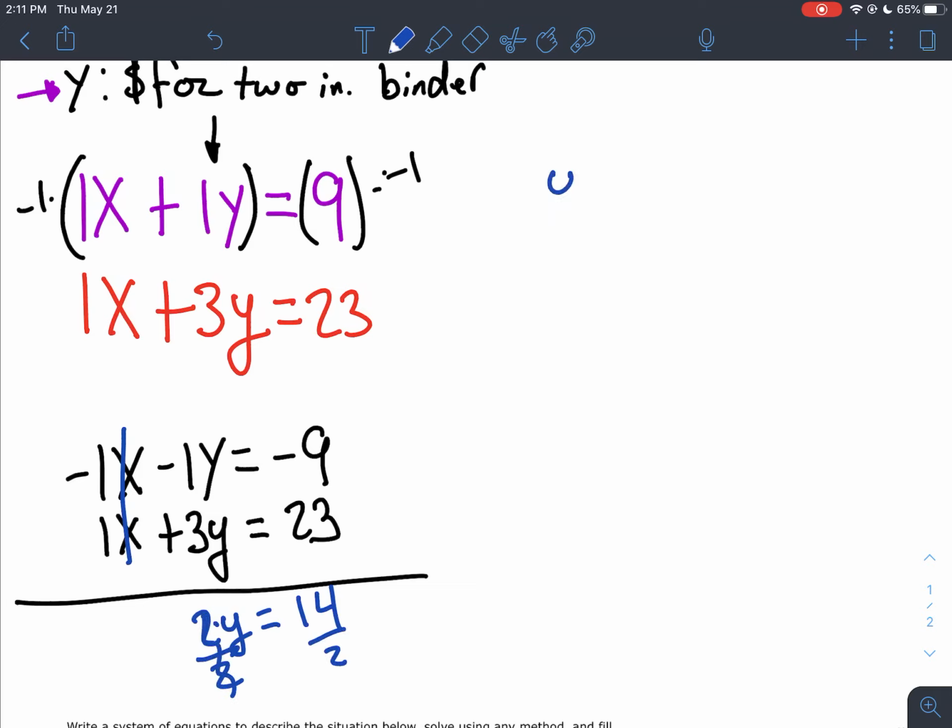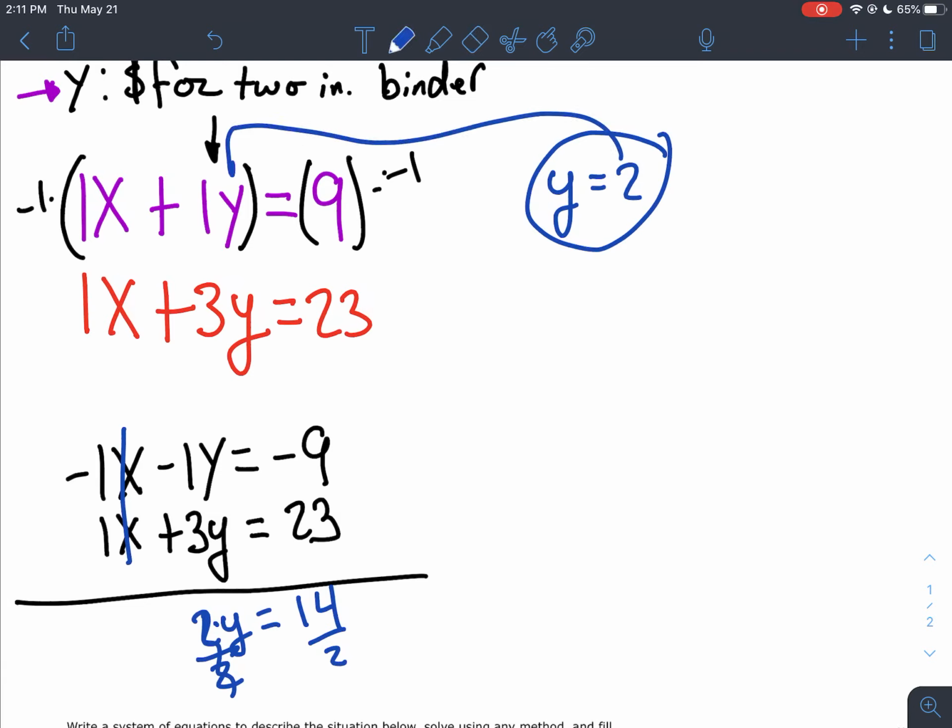Now, once you solve for y, just like we did before, you can take that information and plug it back into the equation. So let's take that information and plug it into the first equation. I said 2. This should be 7. Sorry. 14 divided by 2 is 7. So we're going to plug that information into that equation there.